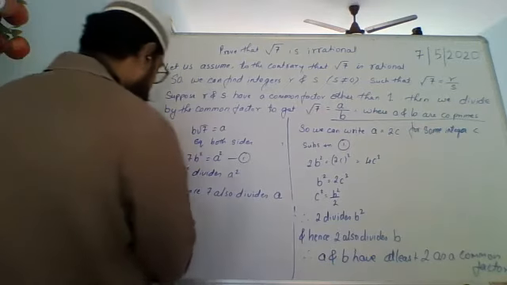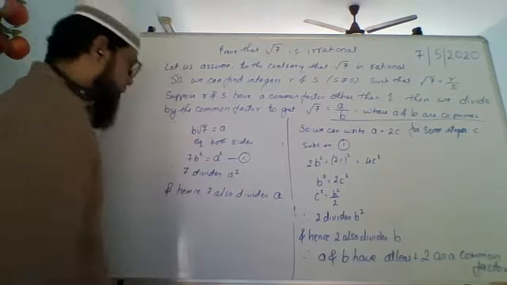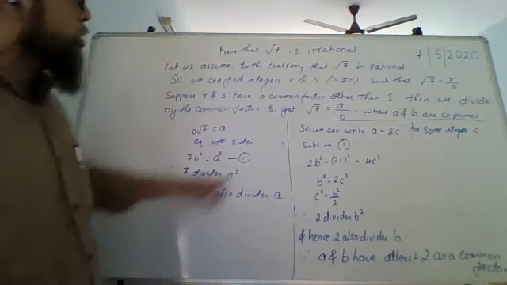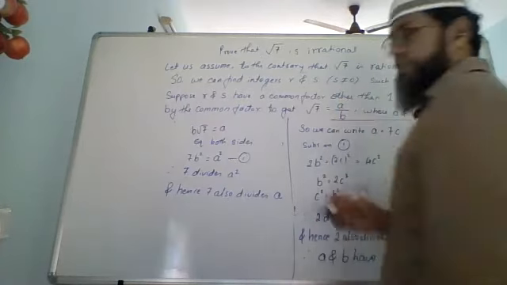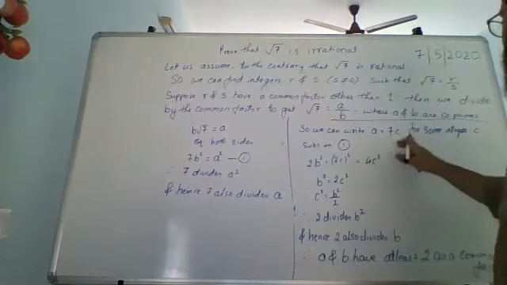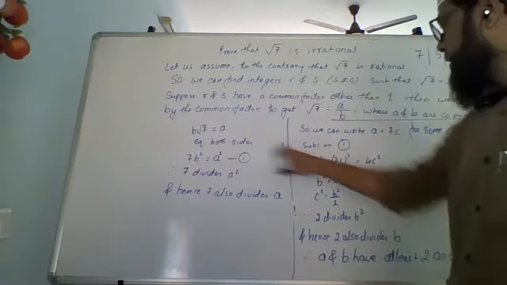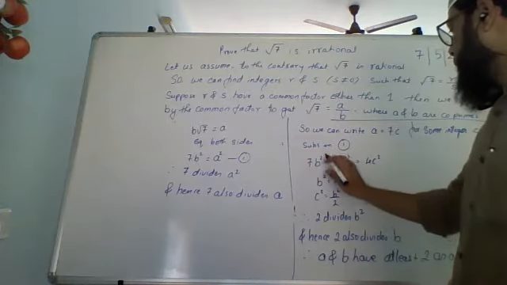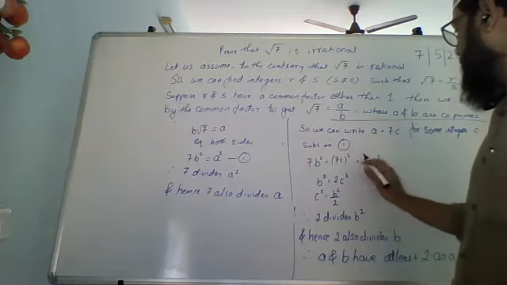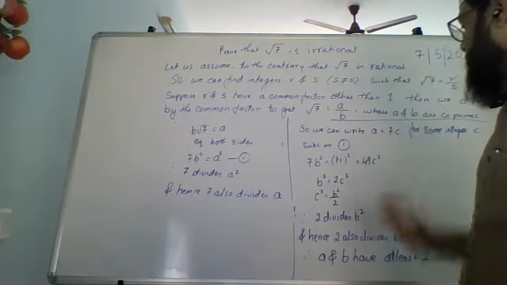So hence 7 also divides a. So we can write a equals 7c for some integer c. Substitute in 1, that is 7b square equals 7c the whole square, which is 49c square.